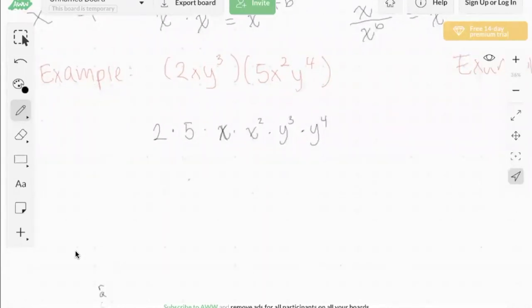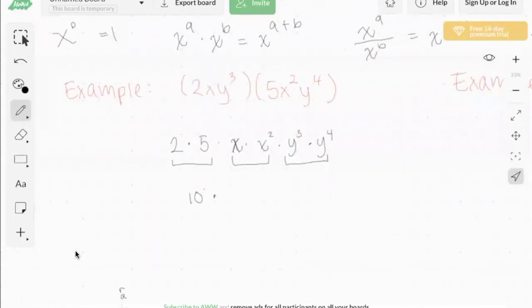From here, we can clearly see the different groups we have laid out. We know that 2 times 5 is 10. Based on this law, we can find that x times x squared is x cubed. And then y cubed times y to the power of 4 is y to the power of 7. That will be your final answer.